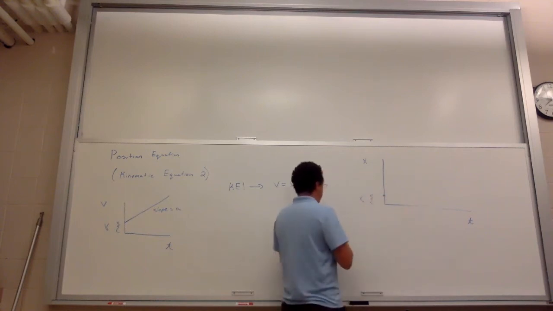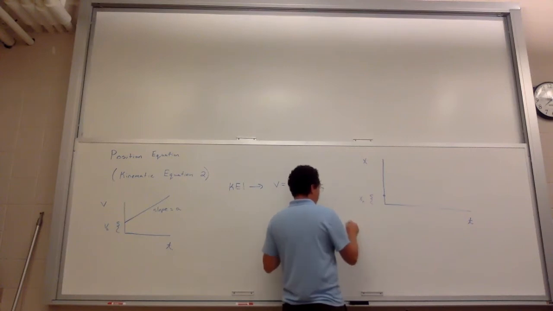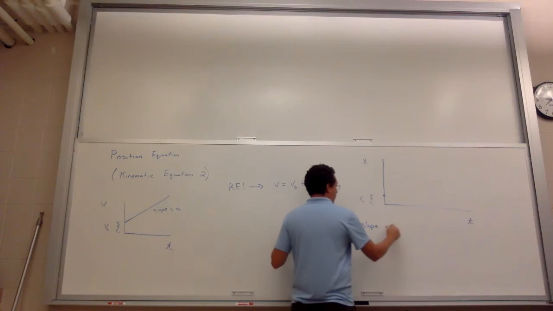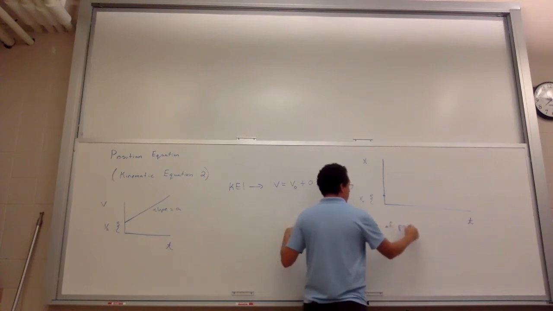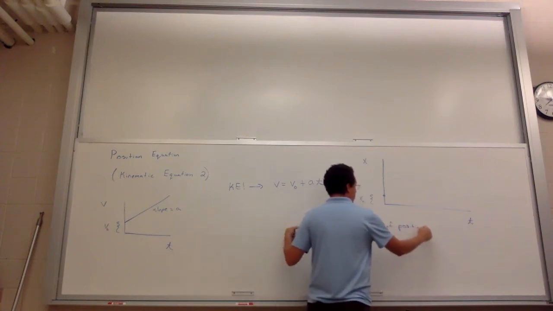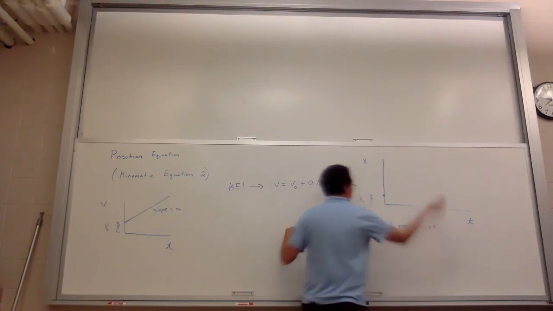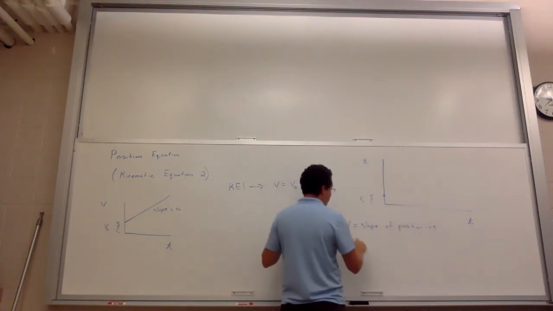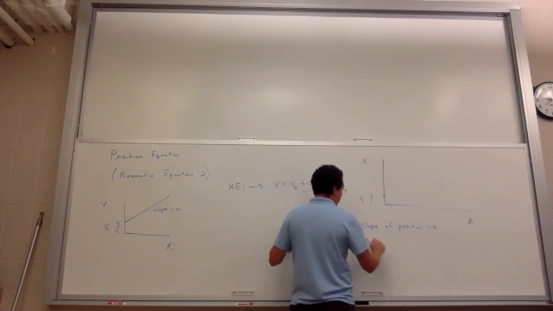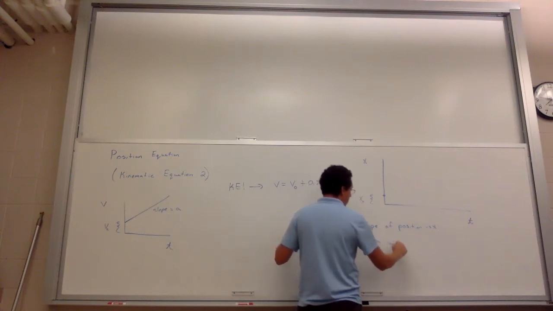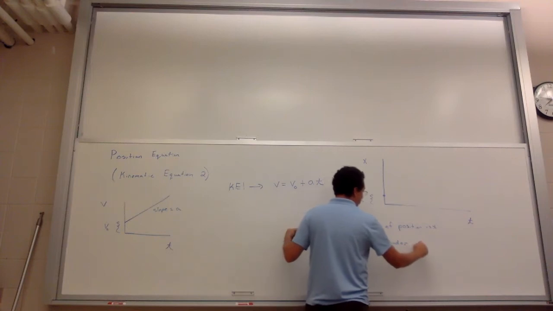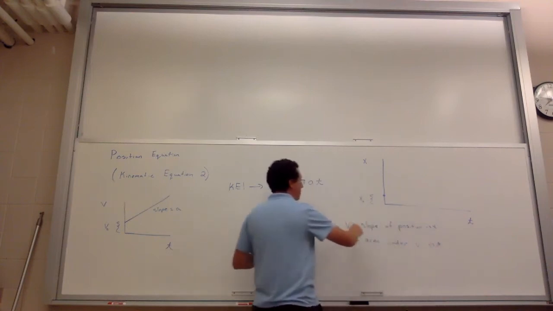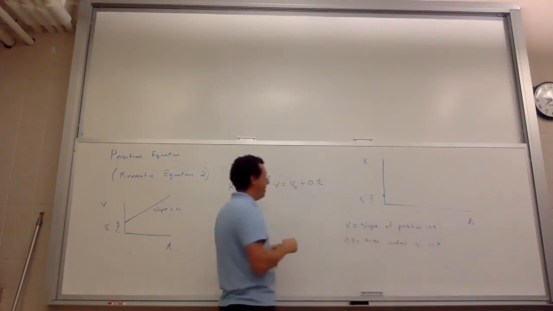Let me write that down, just to remind you. Velocity is the slope of position versus time. Or, turn it around, the change in position equals the area under velocity versus time. For right now, we're going to use the top one. In a moment, we're going to use the area concept.